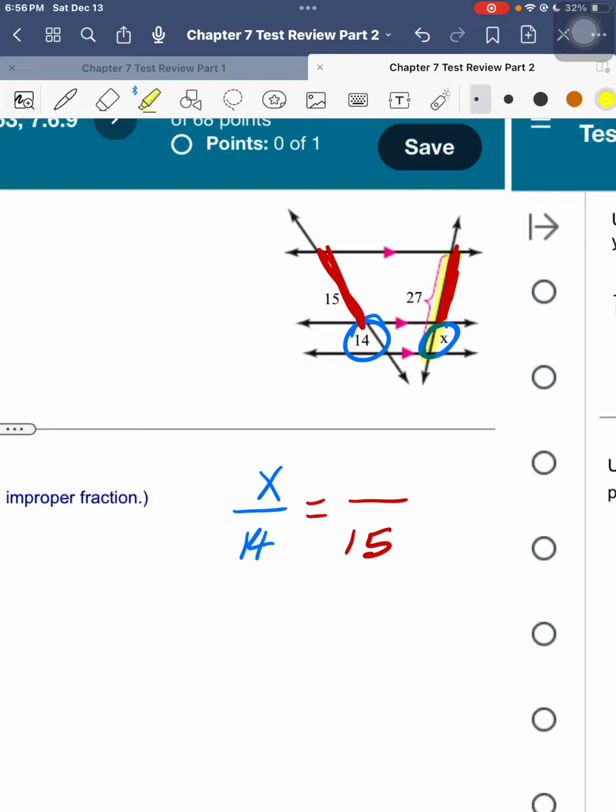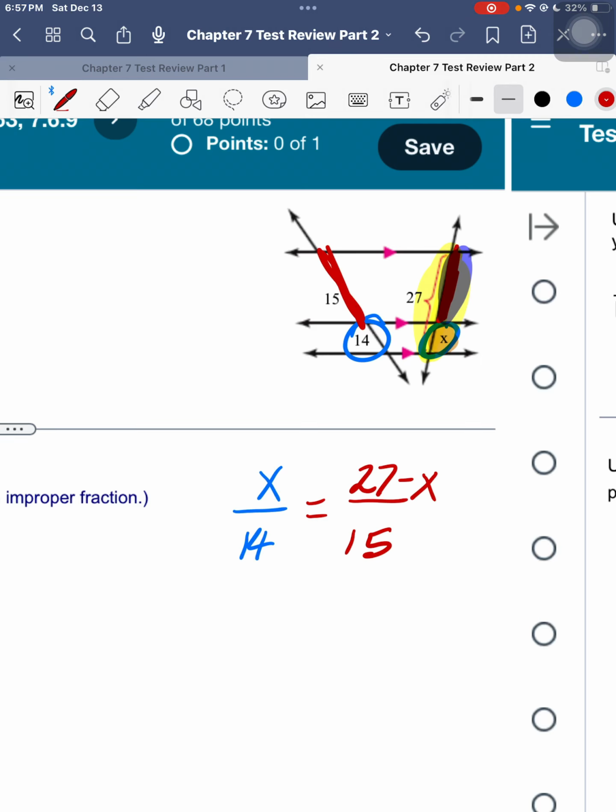So if this entire thing right here is 27 and this little piece is x, what does this bigger piece have to be? It's the whole 27 minus this x. So you would have 27 minus x.